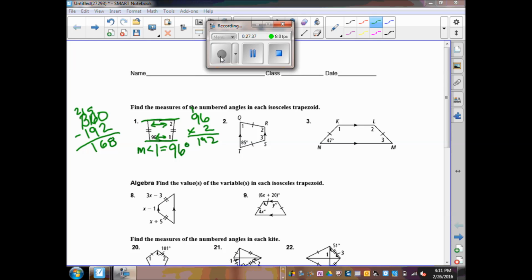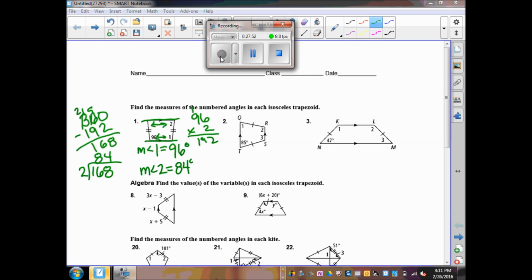Since they're congruent, it has to be divided in half. So 168 divided in half: 2 goes into 16 8 times, 2 goes into 8 4 times. So the measure of angle 2 is going to be 84 degrees.